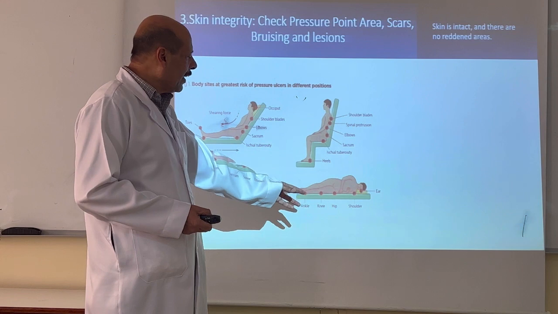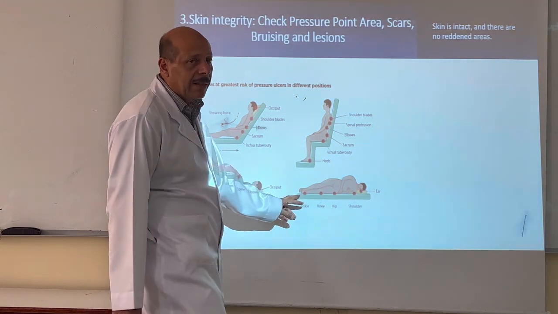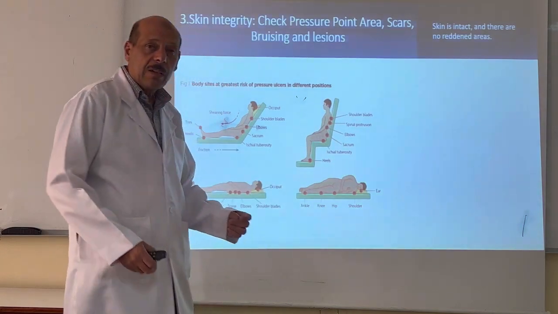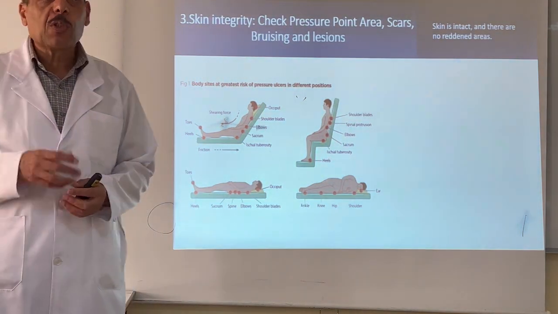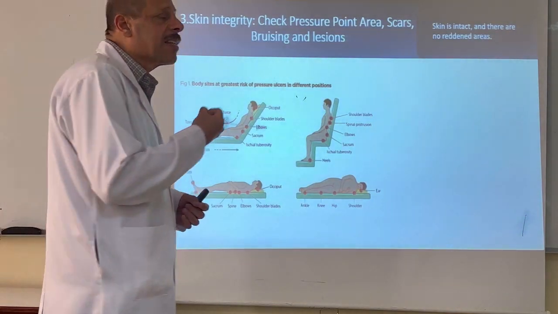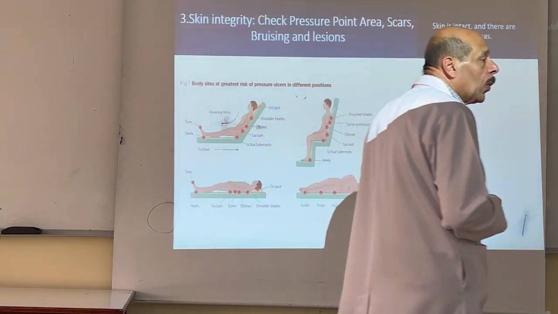In side leg position, the ankle, the knee, the hip, the shoulder also, they are pressure points. So we have to observe if there is any change, any sign that might lead to pressure sore.